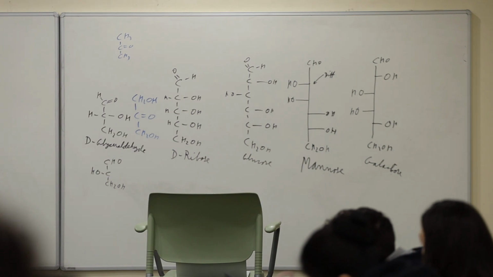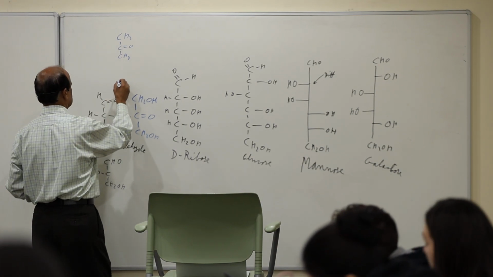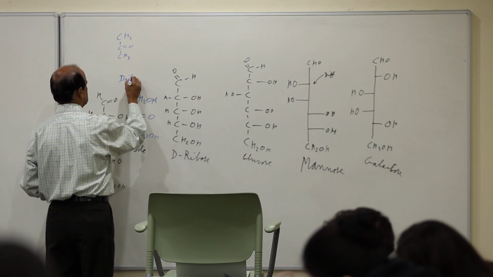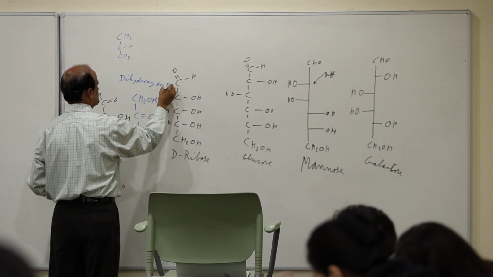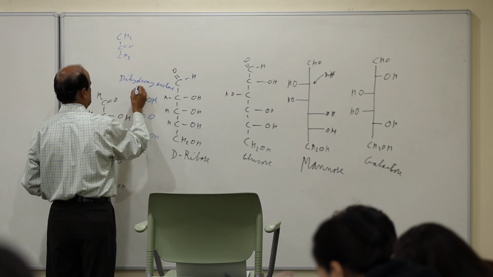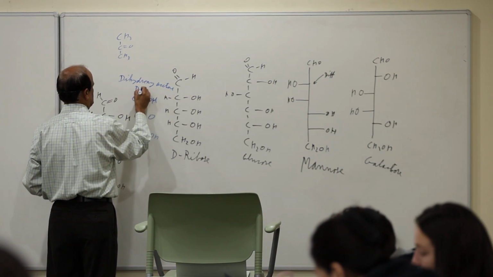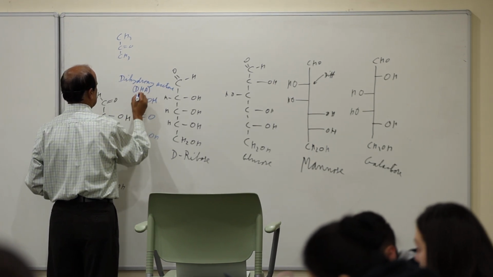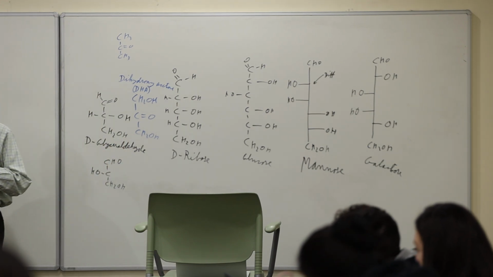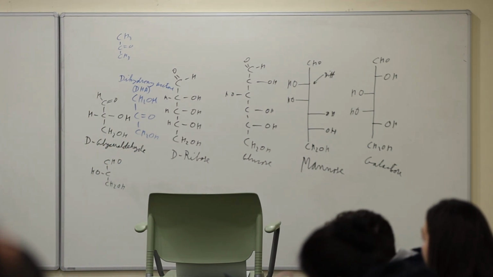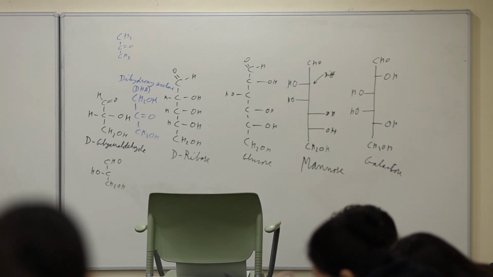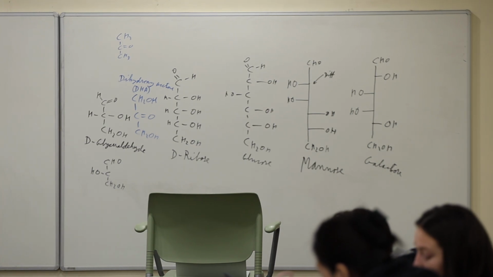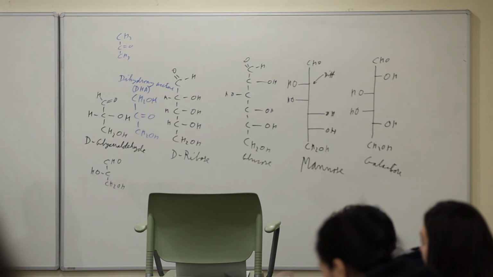So the name of this one is dihydroxyacetone, which is an important intermediate in glycolysis. Glyceraldehyde is also an important intermediate in many pathways.